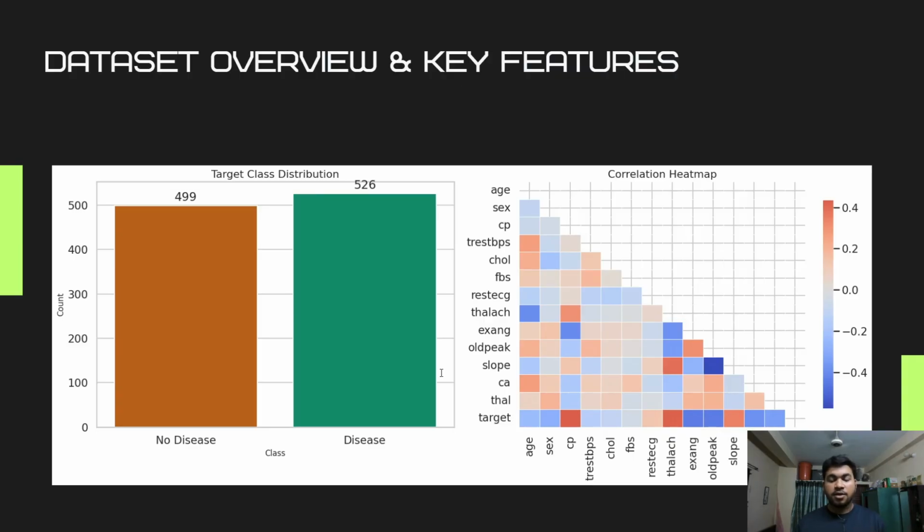The dataset is relatively balanced: 499 patients without disease and 526 with disease. On the right side, in the correlation heat map, we can observe that features like chest pain type, maximum heart rate, and old peak have stronger relationships with the target variable. Another important observation is that the data relationships are non-linear, which makes tree-based models very suitable.